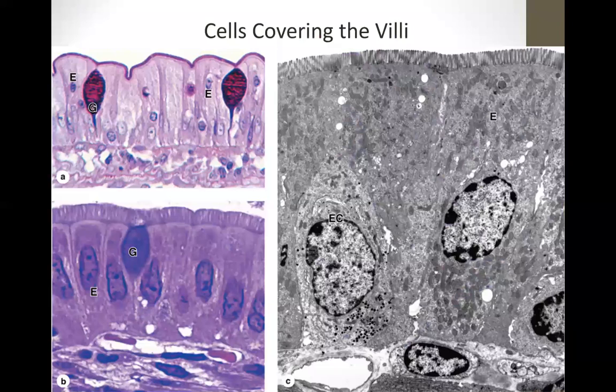Okay? Okay, what else? This is another picture showing you the cells covering the villi of the small intestine. You have these goblet cells, the tall enterocytes, wala nga lang mga Paneth cells kasi nga nasa intestinal crypt siya, sa base ng intestinal crypts.